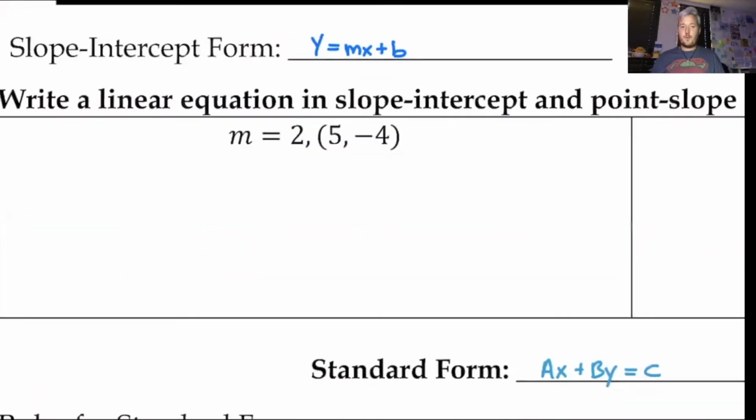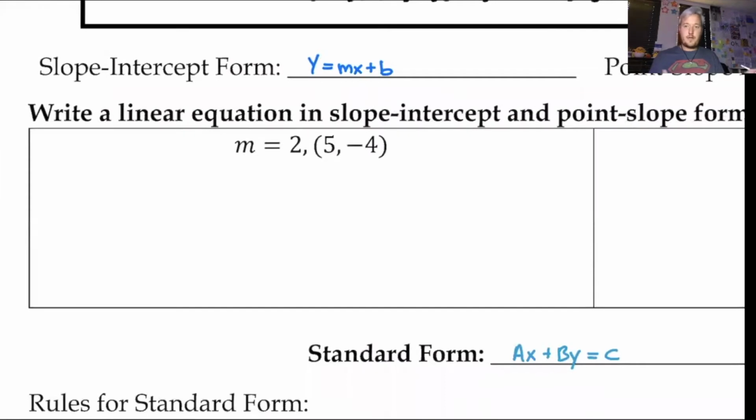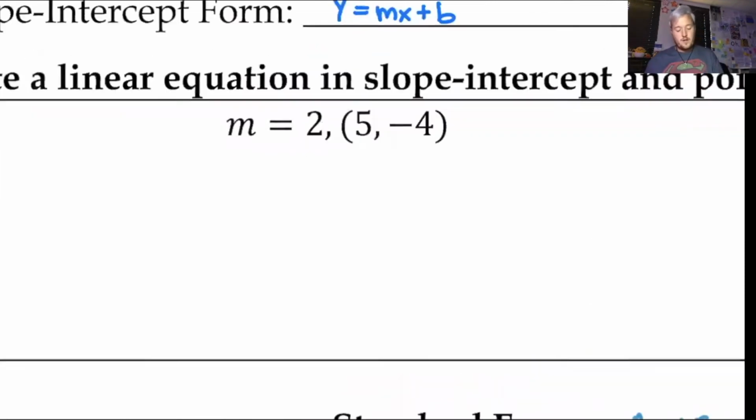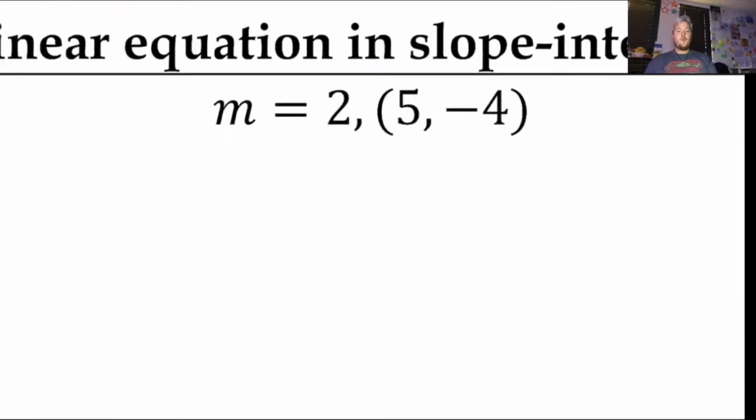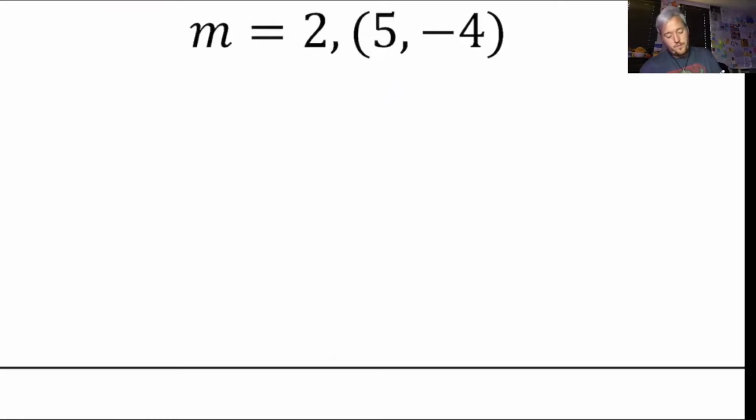First off, before we begin, we're going to refer back to 4a and 4b and recap what we did there. We want to write these equations in slope-intercept and point-slope form. If I give you the slope of 2 and a point of (5, negative 4), we're going to start in point-slope form. So I have y minus y1 equals m times x minus x1.